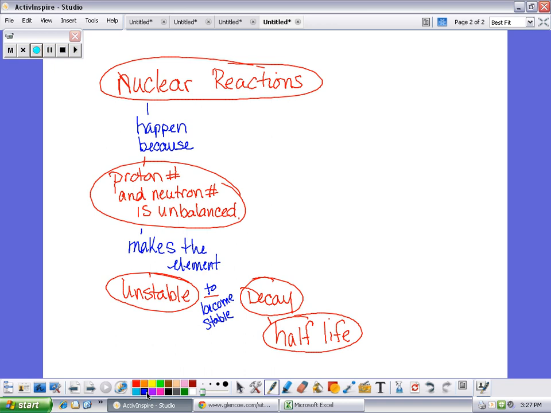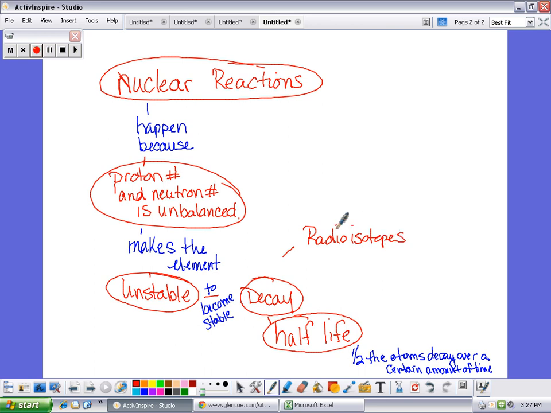And remember, our half-life is half of the atoms decay over a certain amount of time. Well, these elements that do this are called radioisotopes.